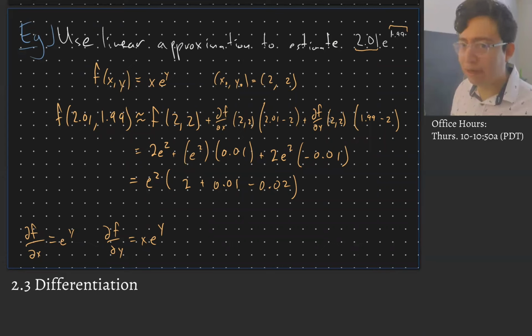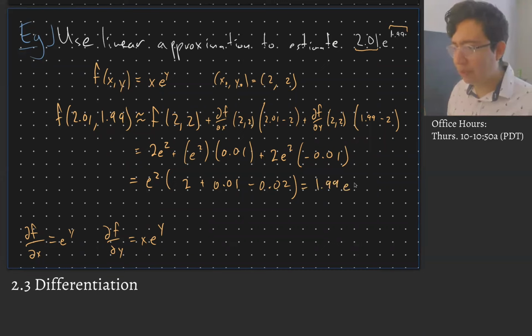Similarly here, this is 2e to the 2. That's how I get all these e squareds, because for tangent planes and linear approximations, you actually have to plug in that point. So then this simplifies to 1.99 e squared.